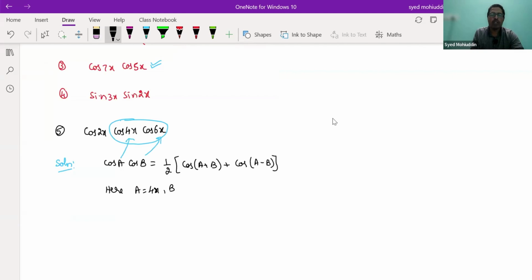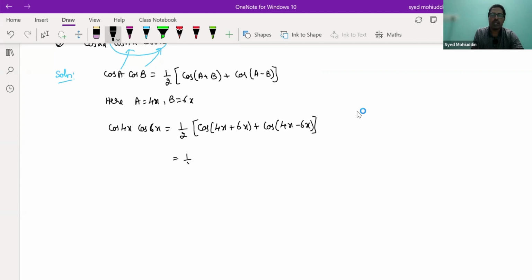So if I just plug in, I'll be getting cos of 4x cos of 6x is equal to half times of, we need to just plug in the values. So cos of A value is 4x, B value is 6x, plus cos of A value 4x minus B value 6x. Let us try to simplify this one.